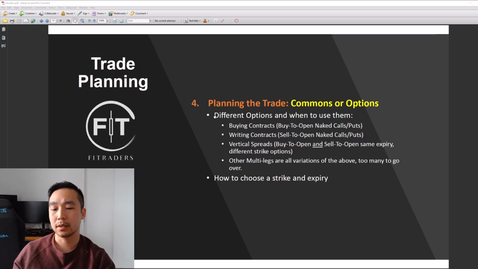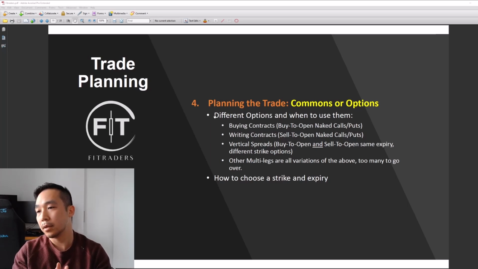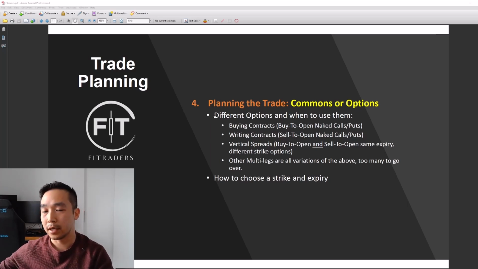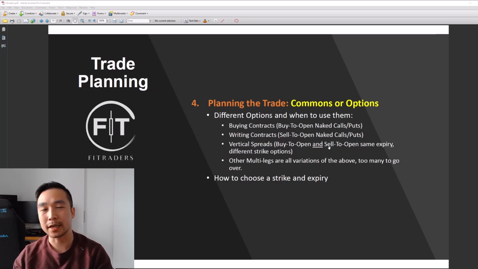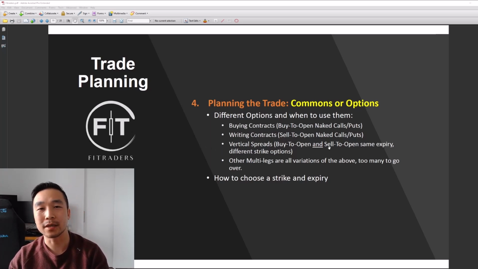And sometimes the contract or the price might not move very volatilely towards the direction that you're betting on, and that's why you would want to buy a vertical spread, because it's almost like flipping a coin, right? You're betting on the direction.